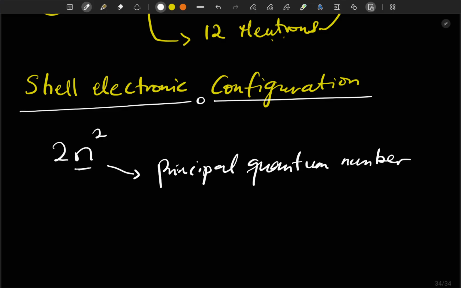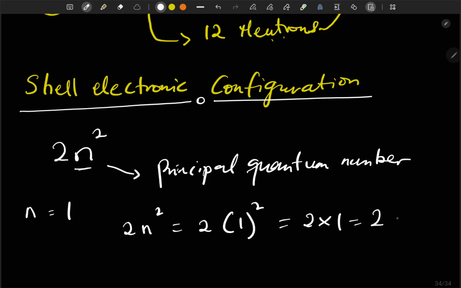So if n, the principal quantum number, is equal to 1, how many electrons can be present in that shell? That is shell number 1, principal quantum number 1. If we use 2n raised to power 2, that will be 2 multiplied by 1 raised to power 2, which is 1, so 2 times 1, 2 electrons.